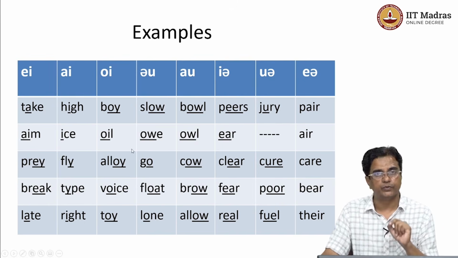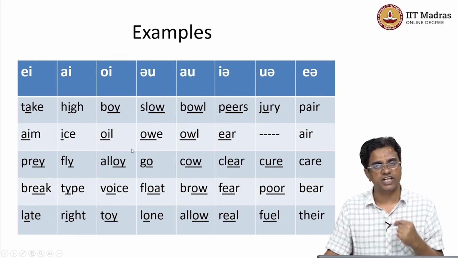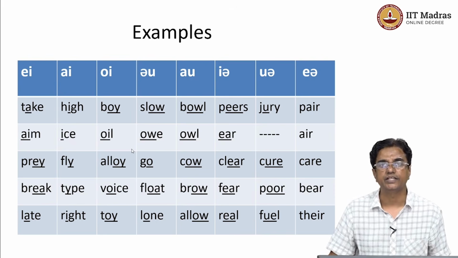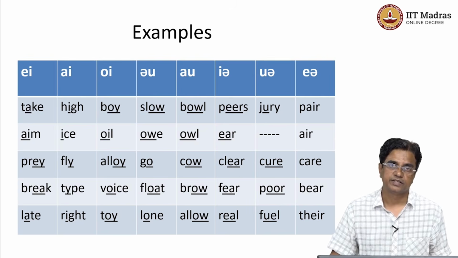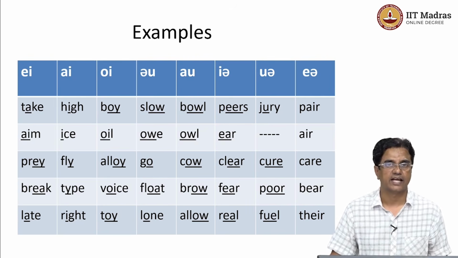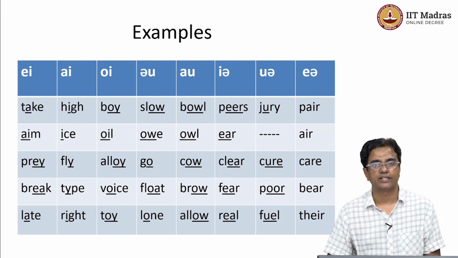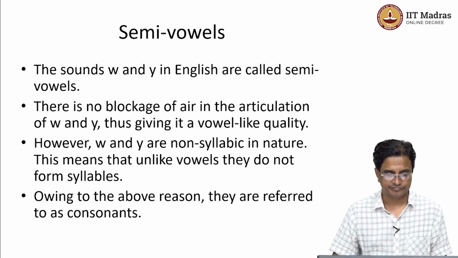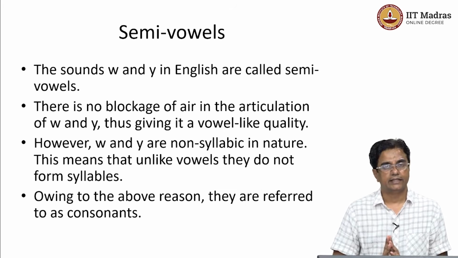All these words, when you practice further, take more words and practice them, you will get to see these vowel sounds. You will also need to practice the distinction between monophthongs and diphthongs for better understanding of syllabification and your pronunciation.